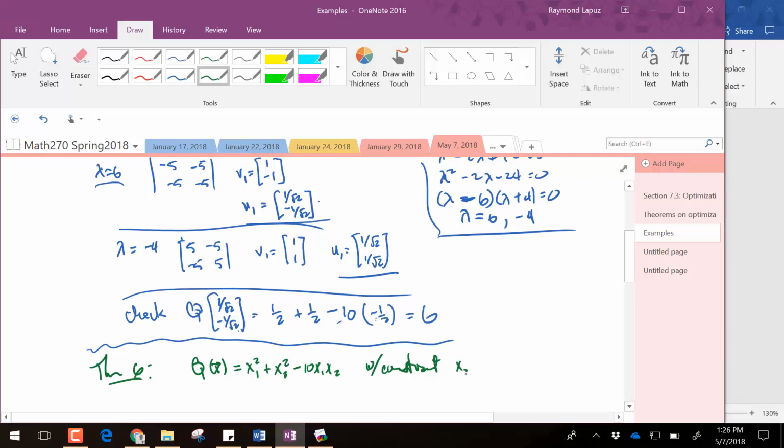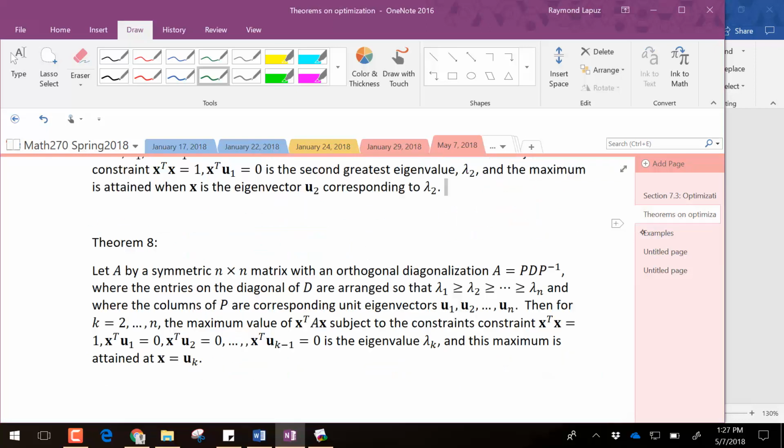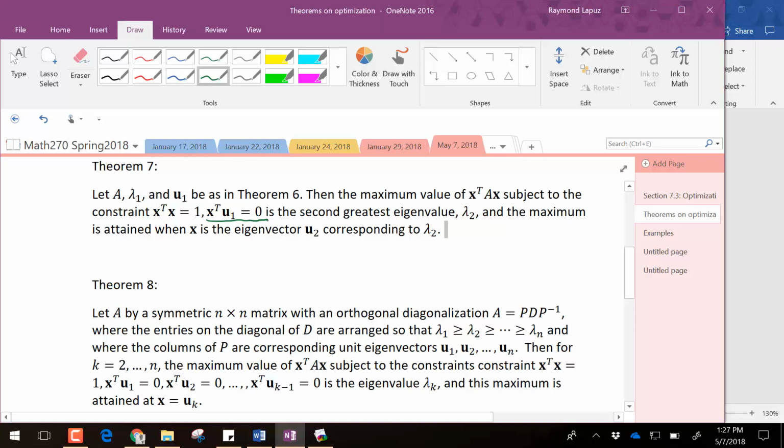Let's use x1 squared plus x2 squared is equal to 1, and what was it? x transpose u equal to 0. Let's double check. Oh, there's no A.